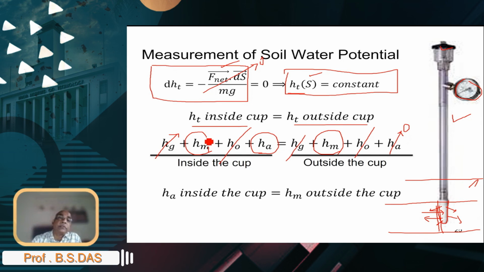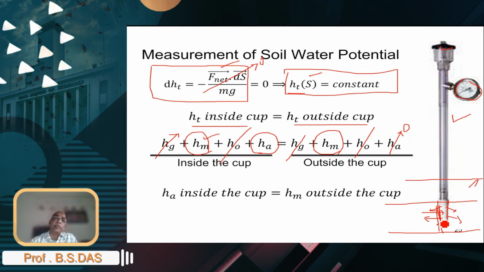Now let us think about this matric potential head for a second. This is the interaction of water present in the pores of the ceramic cup. It's a thin ceramic cup, and so water present there would enter into those pores, as a little bit of capillary effect is going to be there. But what is the thickness of the ceramic cup?